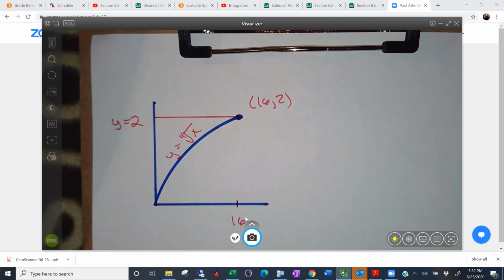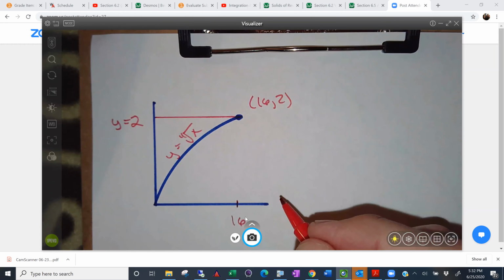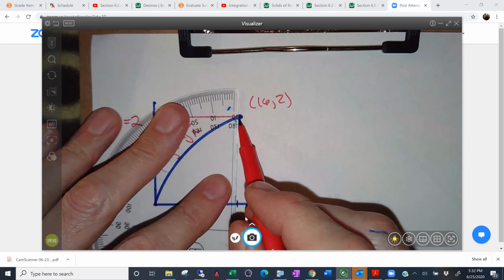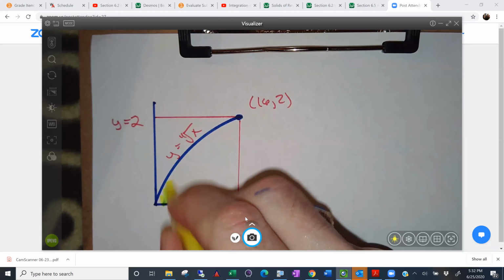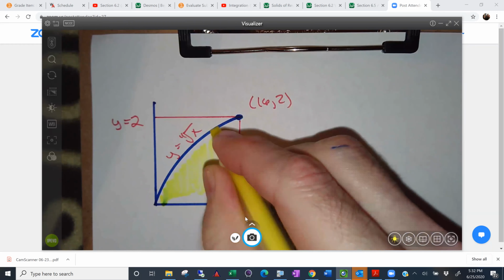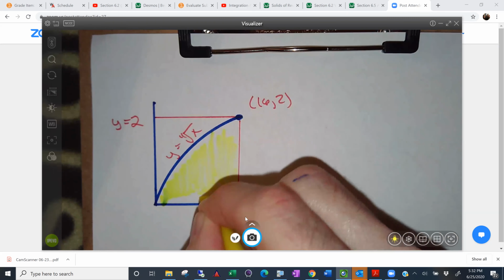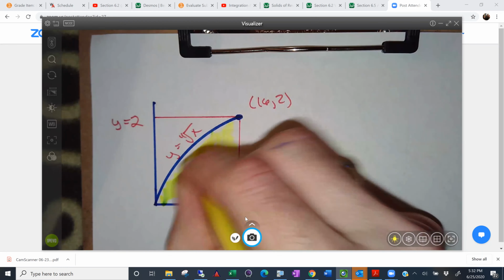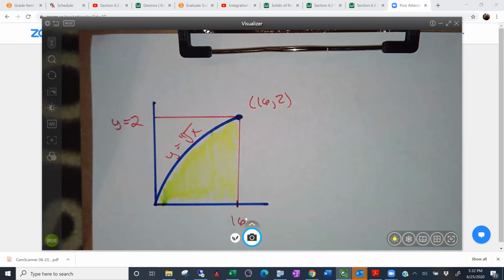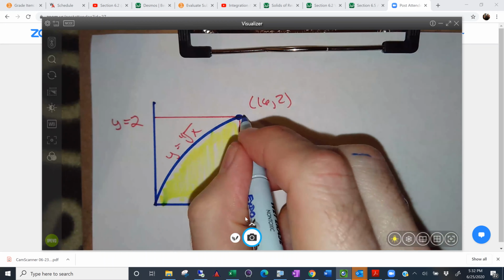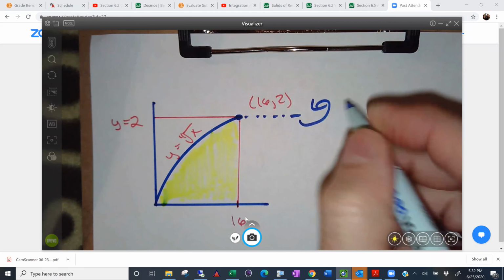Now, let's rotate this. I've got to decide which region I want here. Let me do this. Close that off here. So I'm going to take this colored region, the region below it, and rotate it around the line y equals 2.